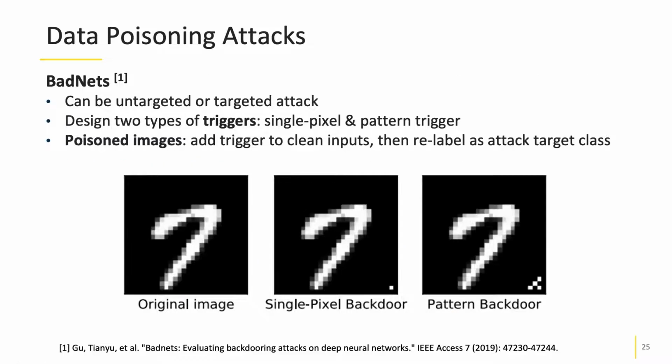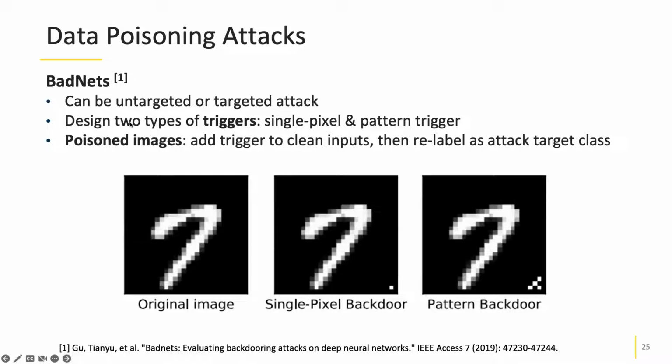Now, I'll introduce some existing data poisoning attacks. The first paper is BadNets. BadNets can be designed to be either targeted or untargeted based on the loss function you choose to use.